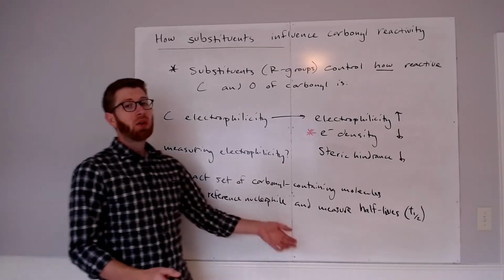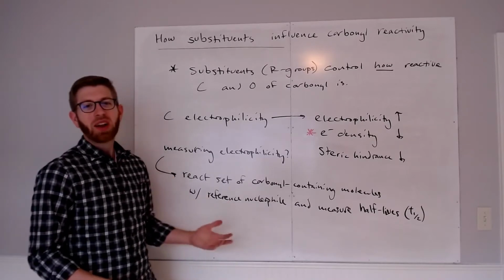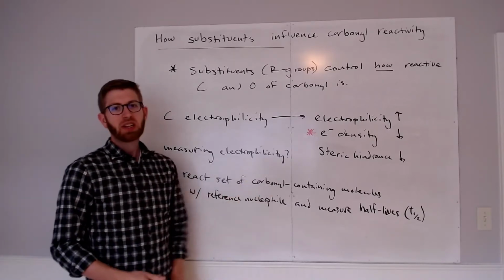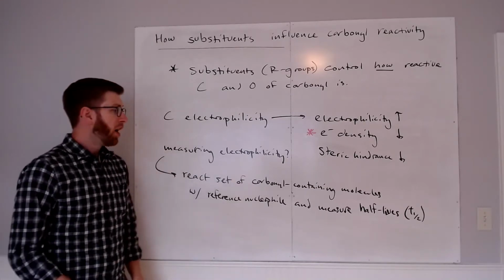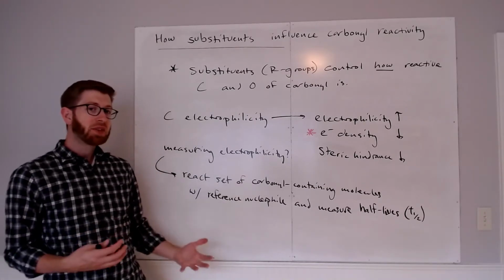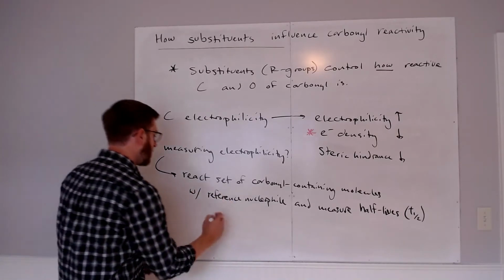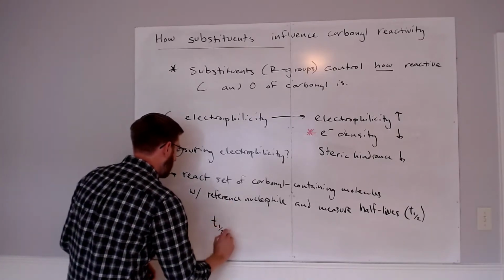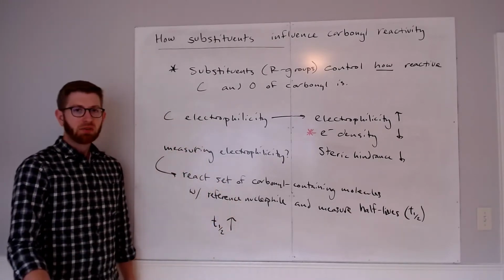And we'll see how long it takes for exactly 1/2 of the carbonyl containing molecule to disappear, turn into the product. That's the half-life. We should be able to compare half-lives and correlate those with electrophilicity of carbonyl carbons. So as our half-life goes up, that means it took longer for the reaction to get halfway to completion.